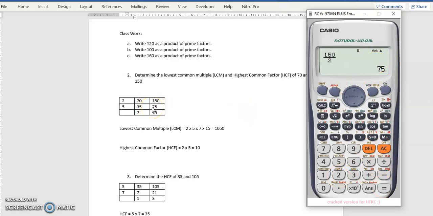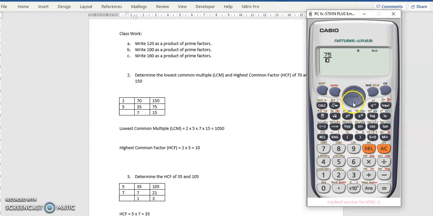Are we together? Then you find a number that can divide 75 and 35 without a remainder. How are we going to do that? Let's do it. We don't start with 1. Let's continue with 2.